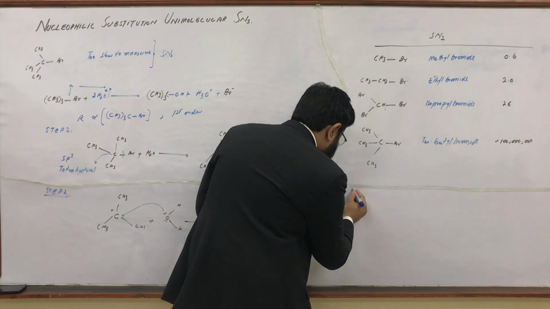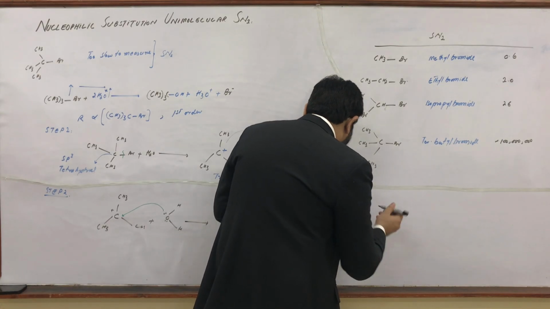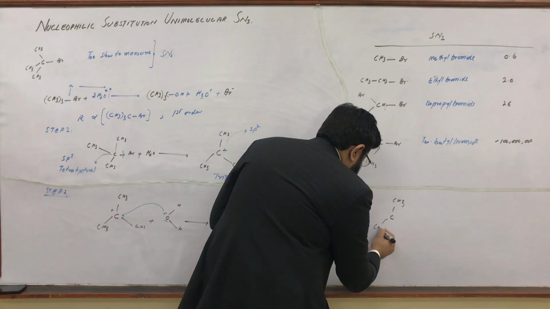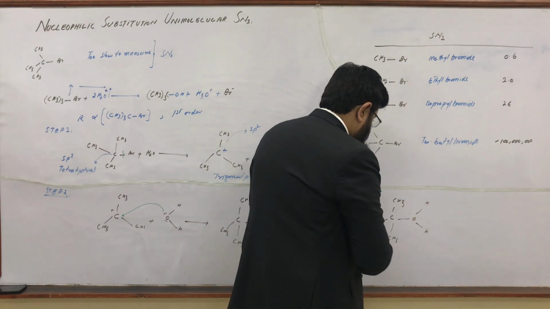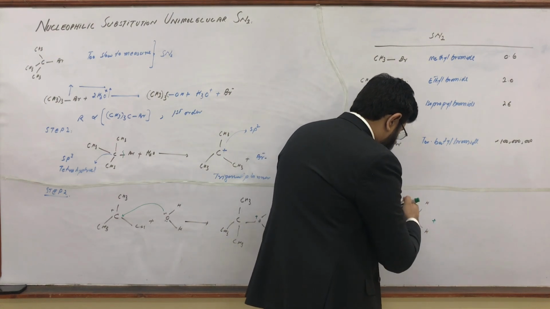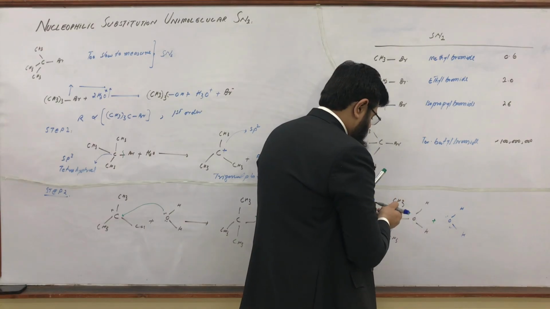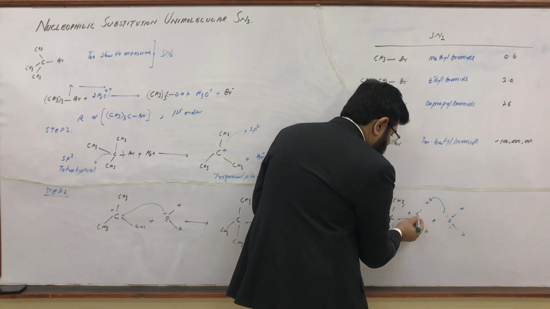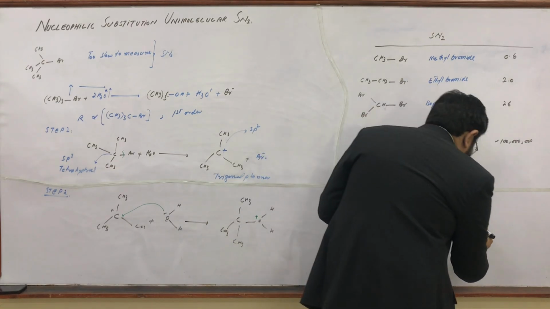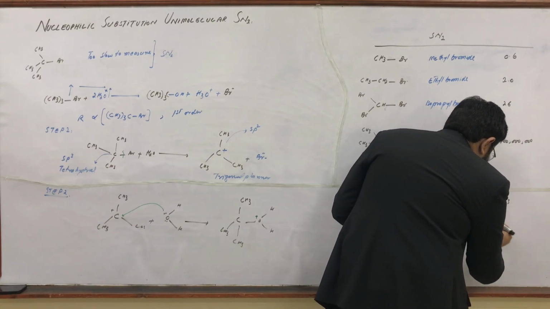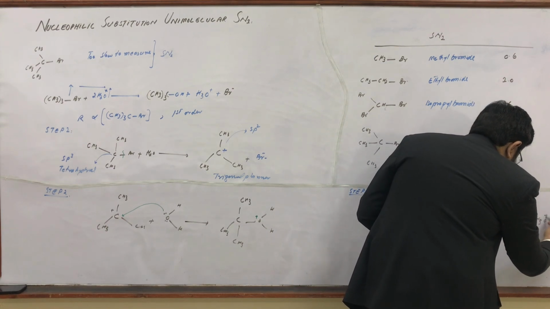So step 3, I am going to write at the bottom: there is the alkyl oxonium ion with a positive charge on this oxygen, and another water molecule will abstract this hydrogen atom, and this bond will provide its electron pair to this oxygen, and on the product side we shall receive an alcohol and H3O+.